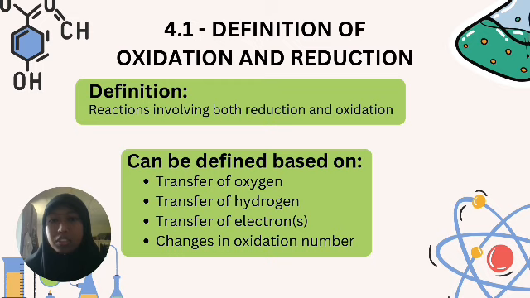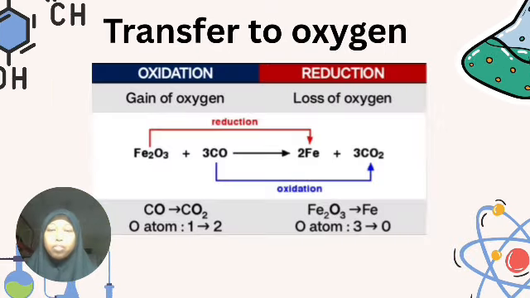Redox titration is a reaction involving both reduction and oxidation, and it can be defined based on transfer of oxygen, transfer of hydrogen, transfer of electrons, and changes in oxidation number. First, we have transfer of oxygen. On the oxidation side, there is a gain of oxygen, and on the reduction side, there is a loss of oxygen.